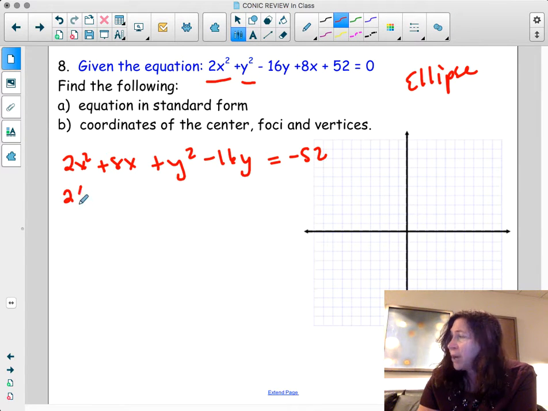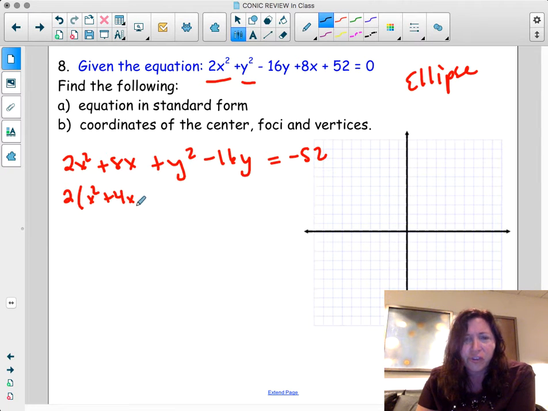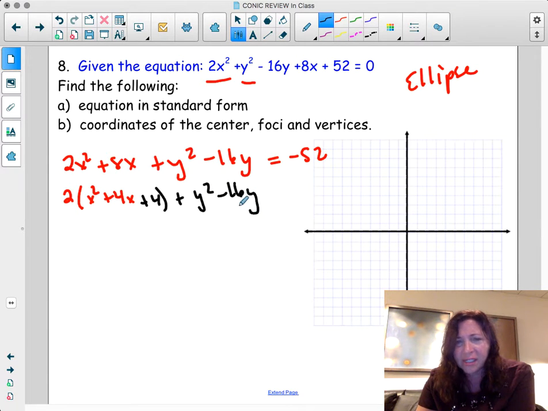So I'm going to factor out a 2. I'm going to get x squared plus 4x, half of 4 is 2, 2 squared is 4, plus y squared minus 16y, half of 16 is 8, 8 squared is 64, is equal to -52.